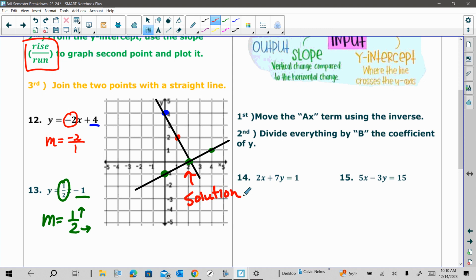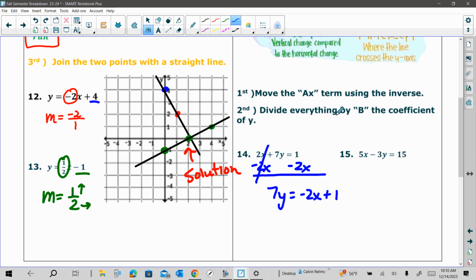Most likely, they're going to give you the equation in standard form. So the steps here say move the ax term. That means I would have to do that by doing the inverse. So on 14, you have to subtract the 2x, leaving you 7y equals negative 2x plus 1. And then step 2 says divide everything by the b.